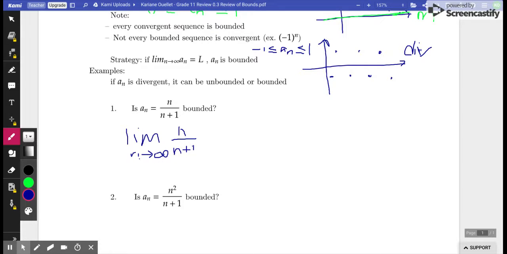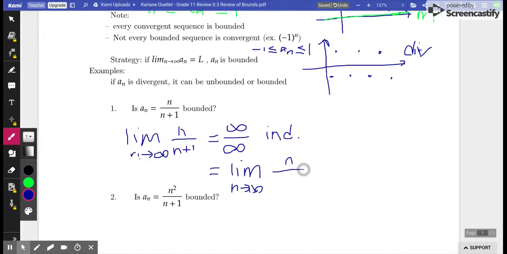If I first substitute for infinity, like I taught you to do in class, you would get infinity over infinity, which you know to be indeterminate. Now we need to figure out a way to get around this indetermination because, as you know, it's not an answer. And one way for that would be to use the factoring method. So if I factor n on the bottom, I'm going to be left with this expression.